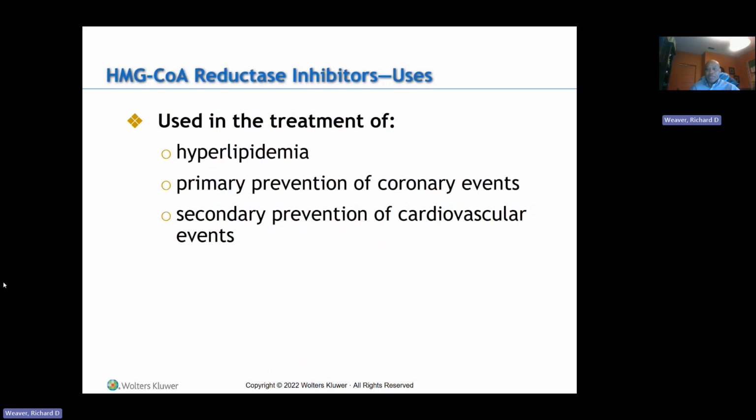We refer to that as primary because they're not presenting with any symptoms yet. All right. And this primary prevention is important because it can help to reduce the risk of myocardial infarction and death from other cardiovascular events, including strokes, TIAs, and also cardiac revascularization procedures.